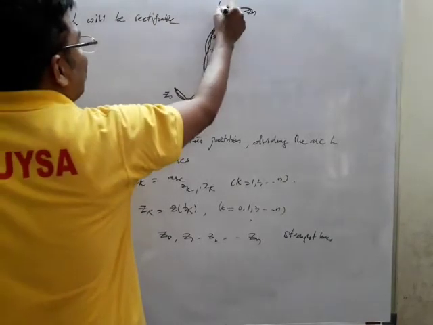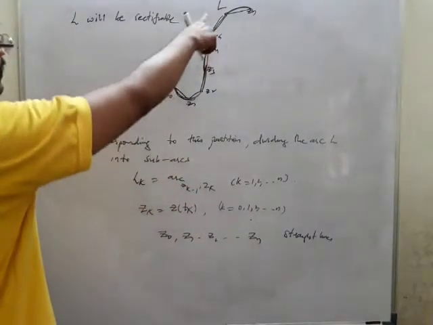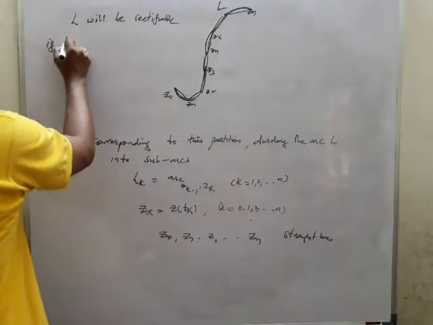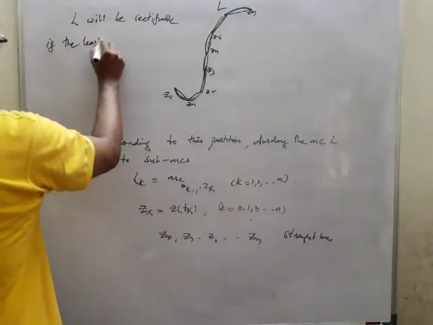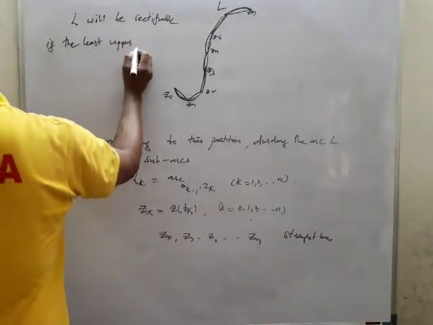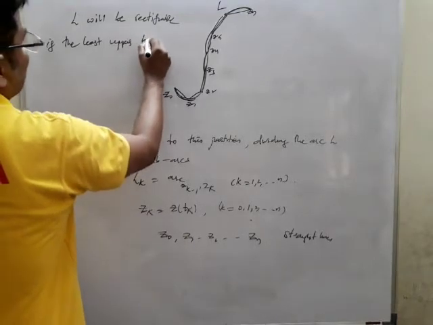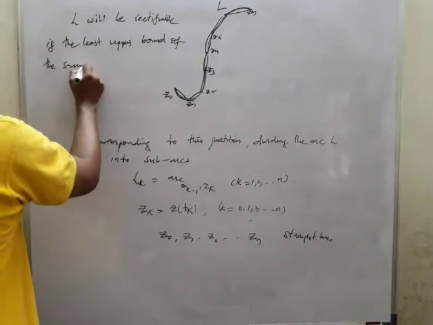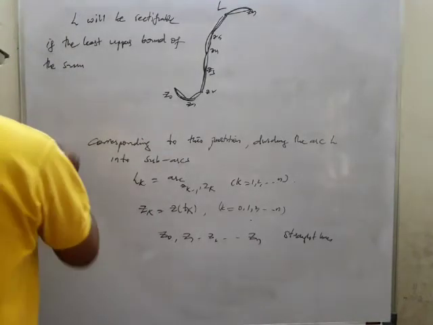This is the total L, which is subdivided into sub straight lines, and it is rectifiable if the least upper bound of the sum is finite.